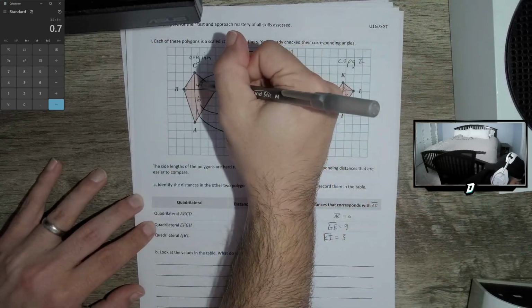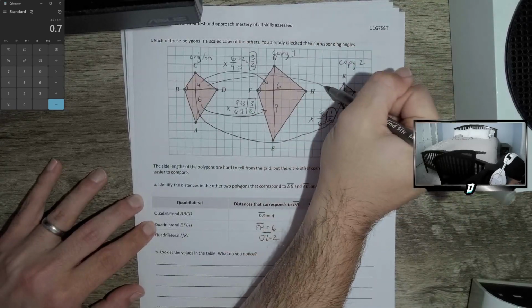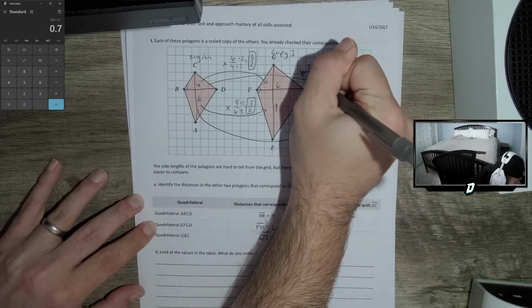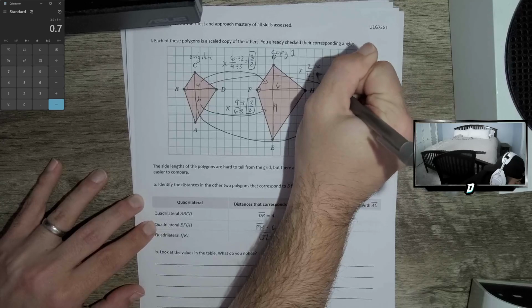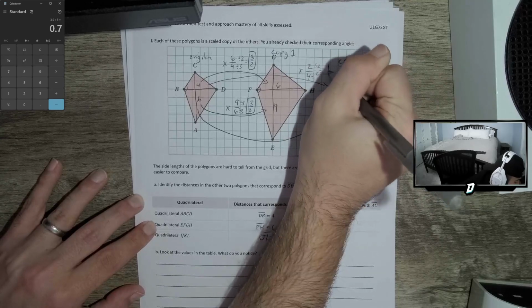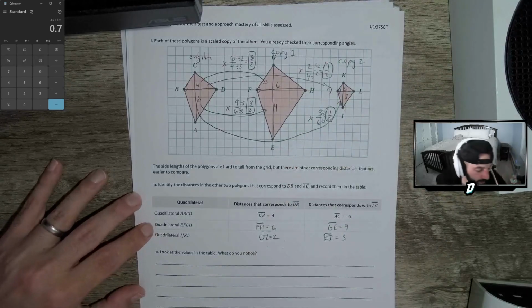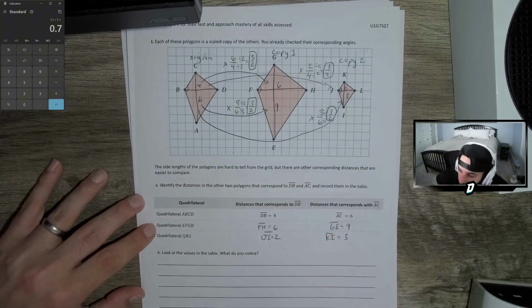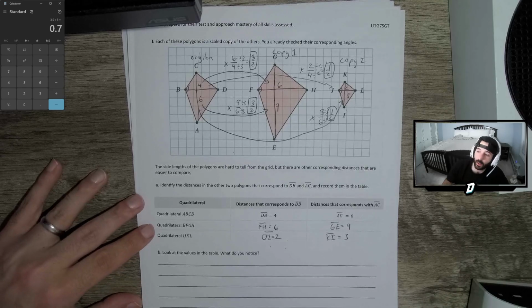And I'm multiplying our horizontal line by 2/4, which is just 1/2. And what we can see is that we multiply both the vertical and horizontal line by the same scale factor. So they're indeed going to be scaled copies.